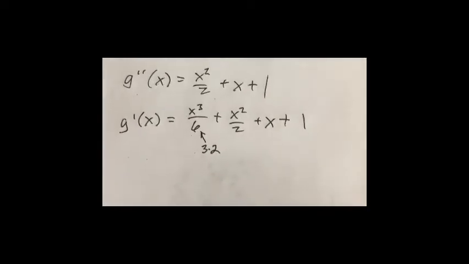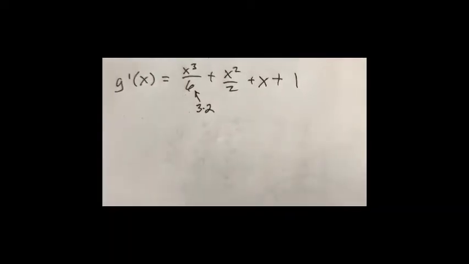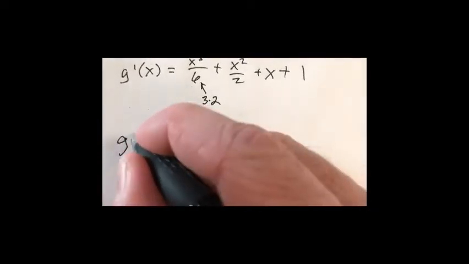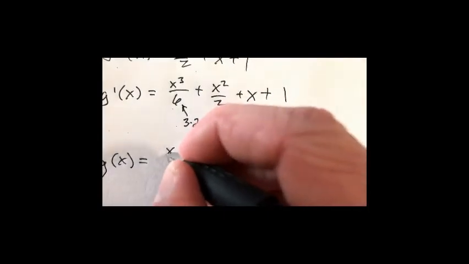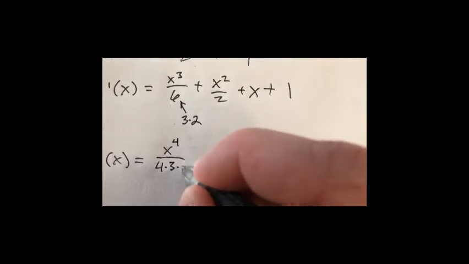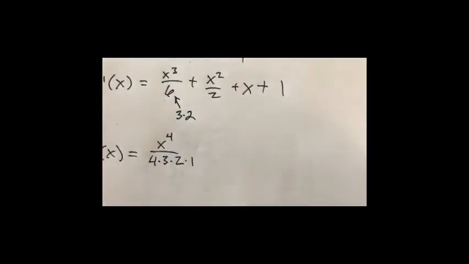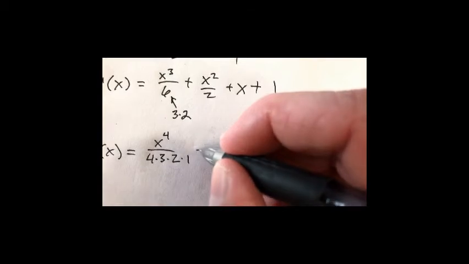If this is our first derivative, then here we go. We know what our function is. Our function must be an antiderivative of our derivative. And so let's see, an antiderivative of x cubed over 3 must be x to the 4th over, well, 4 times 3 times 2. And this time I'll leave it like that. In fact, I'll even say times 1. We're going to establish a pattern at this point.